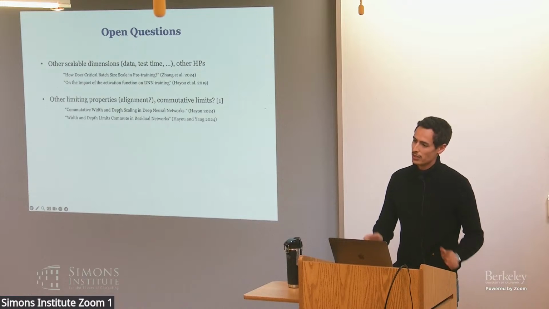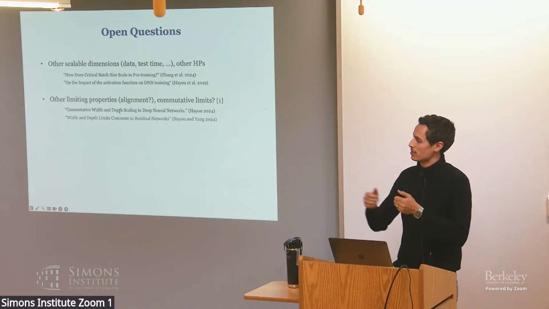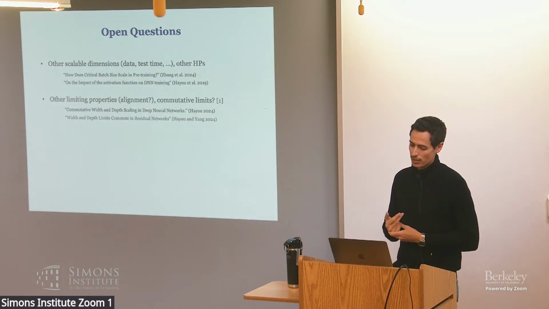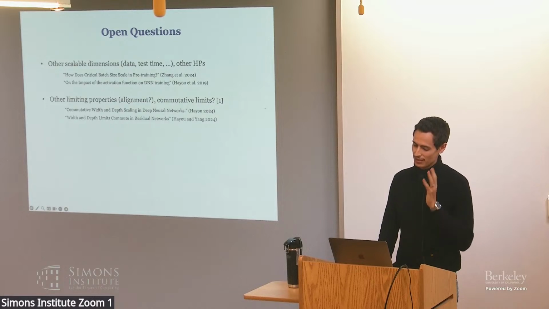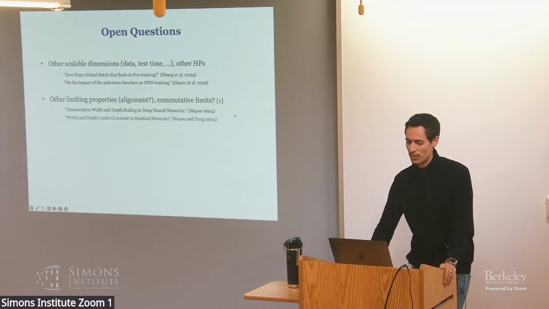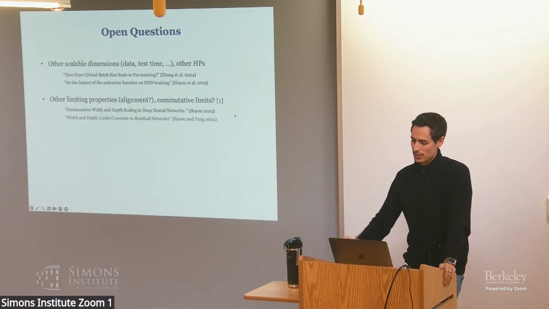No matter how you take those limits, you get the same limiting behavior. Of course, one limitation is that the results are only valid at initialization, but my conjecture is that it's also true during training, for a fixed number of steps.